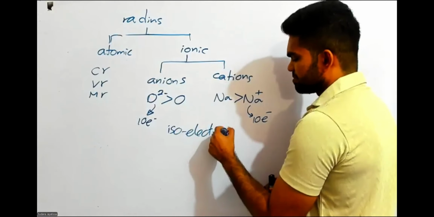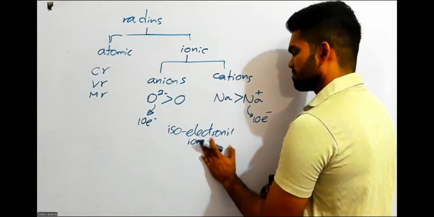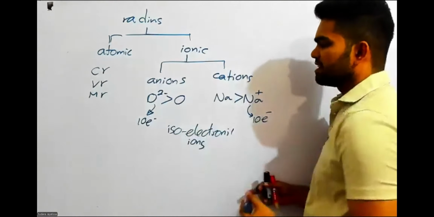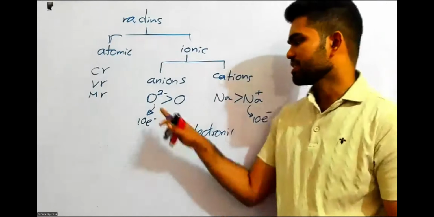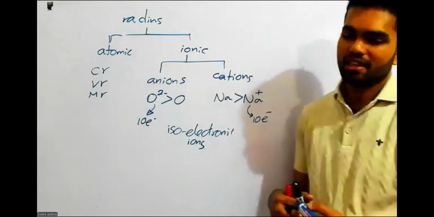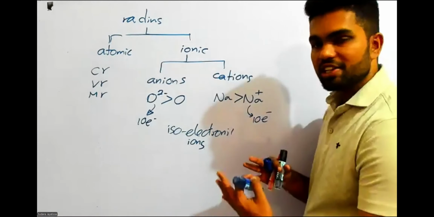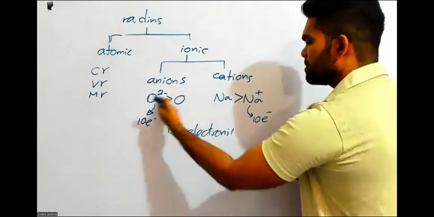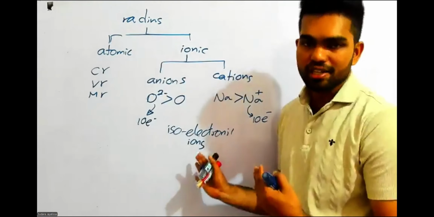What are isoelectronic ions? Simply, ions that have the same number of electrons. So oxide and sodium ion are isoelectronic ions, and the other elements nearby these two also take part in this series.